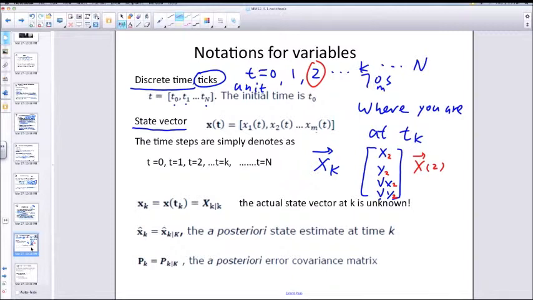Whenever you design a robotic navigation, that's how you start it. You always start to design your state vector.